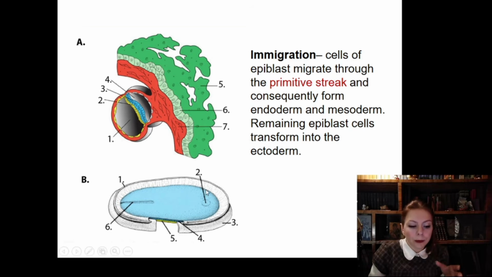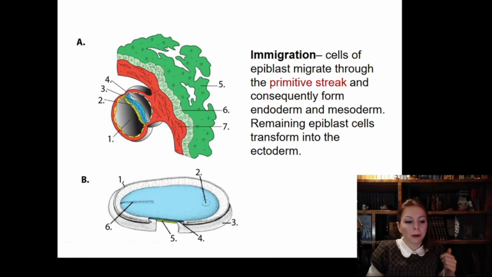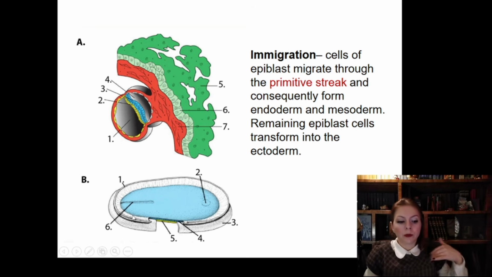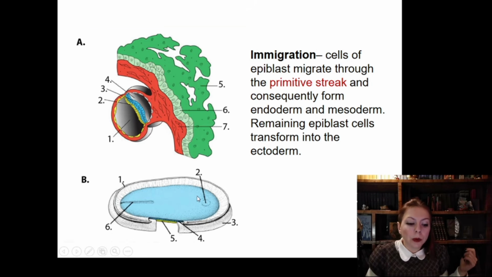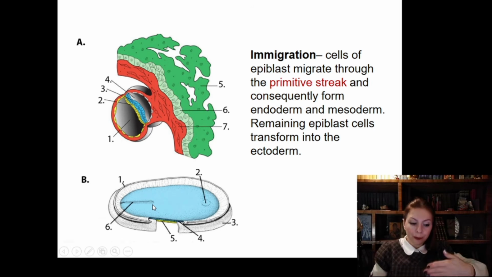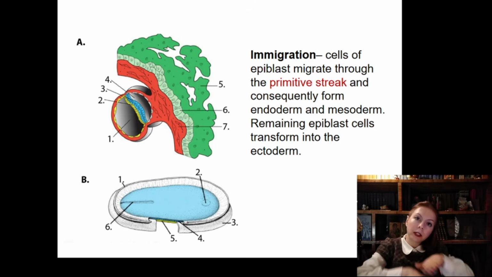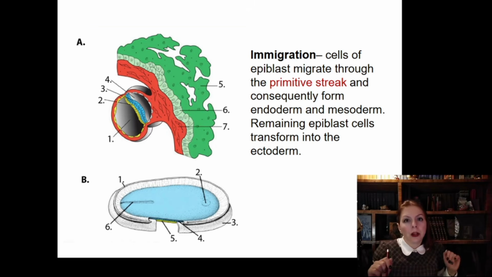So if we look at the top of the epiblast, at the top of the embryo, here we can see the epiblast, hypoblast, and the top view is here. So the amnion is removed to see better. And on the surface of the epiblast we see this groove. And this is exactly the place through which cells from the epiblast fall down and start to spread under the epiblast, forming first of all the endoderm.